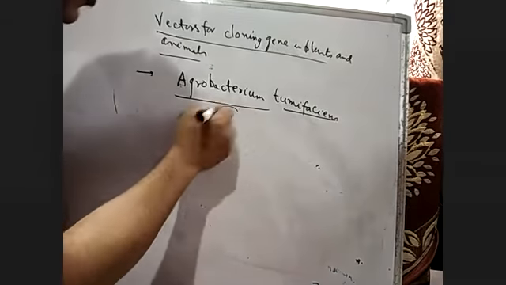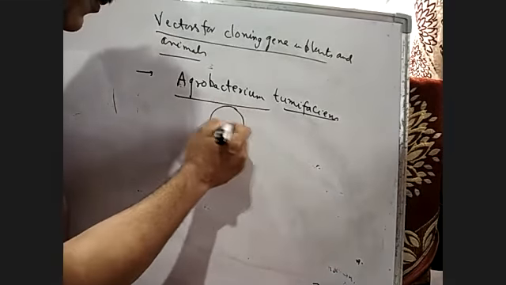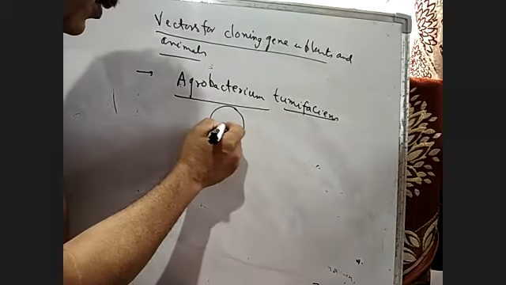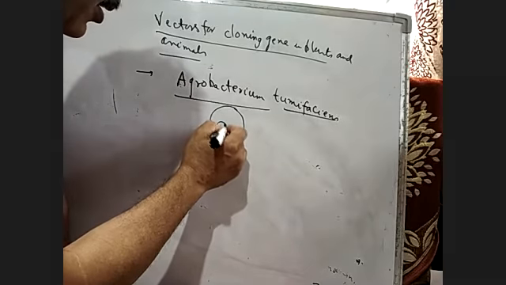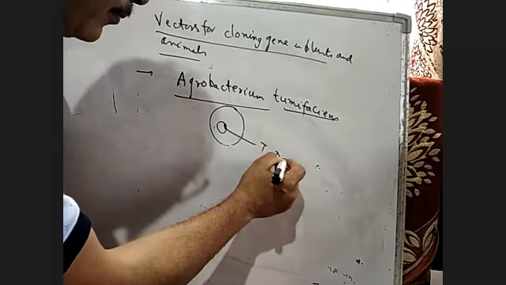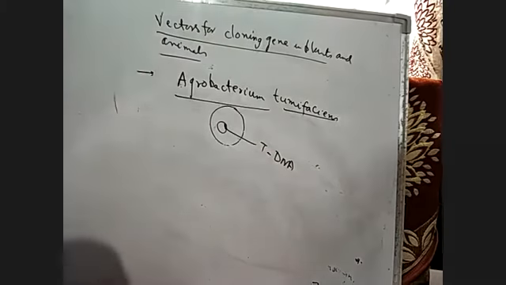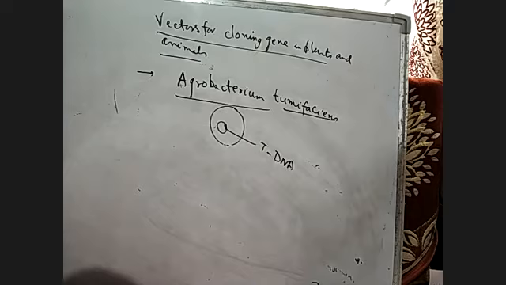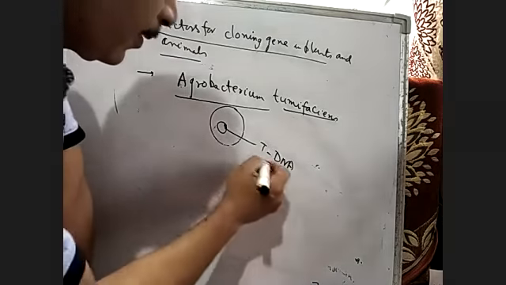This bacteria will have a gene called the tDNA, and this tDNA will transform normal plant cells into tumor cells.